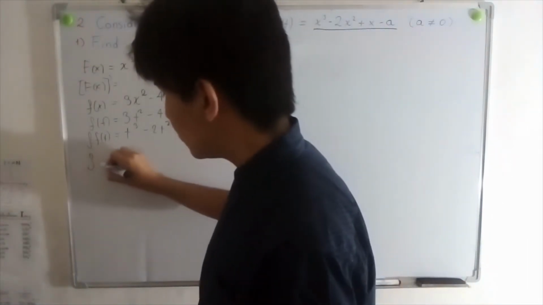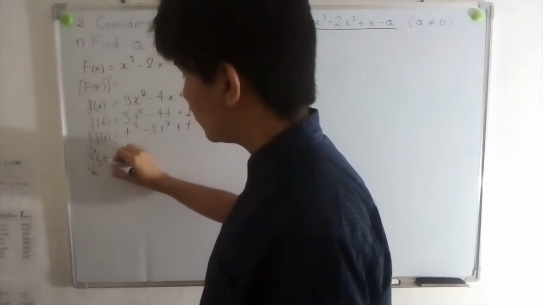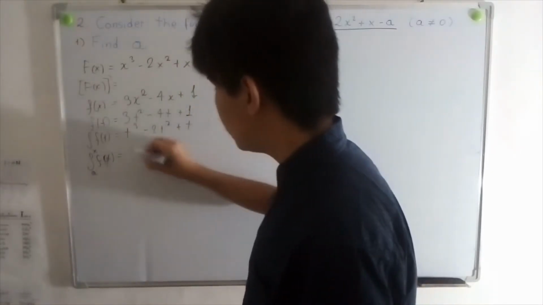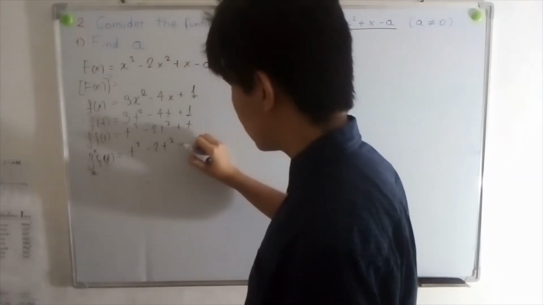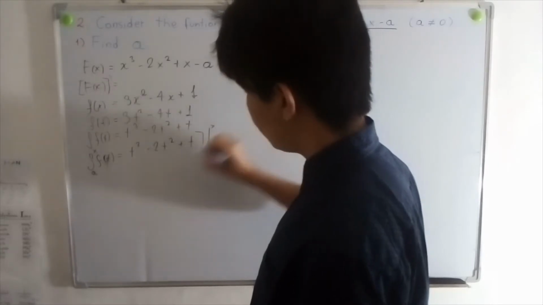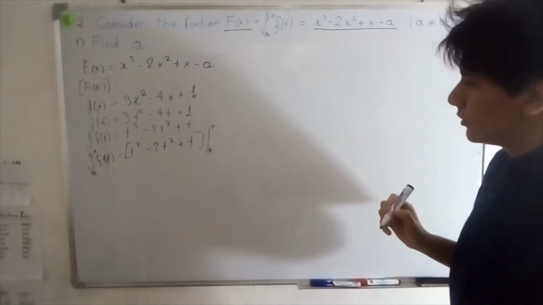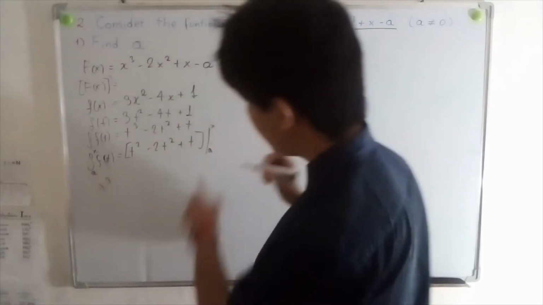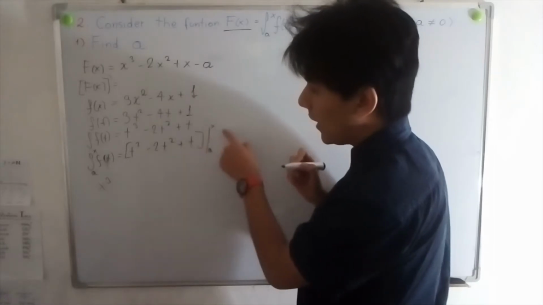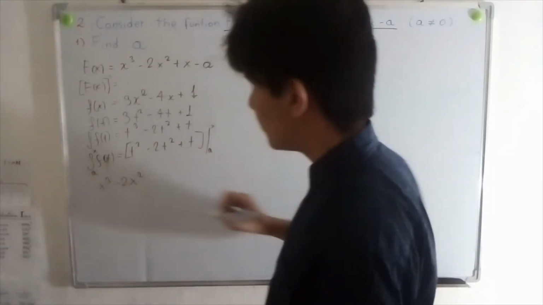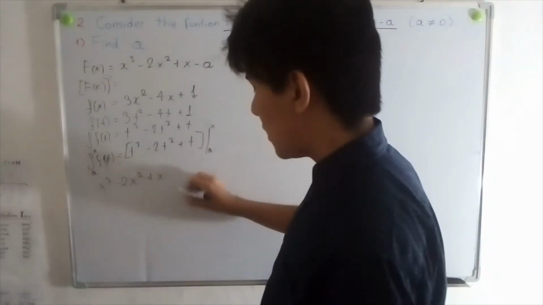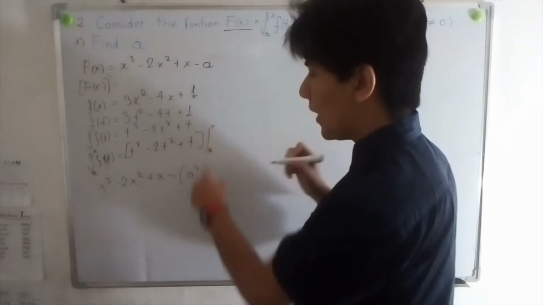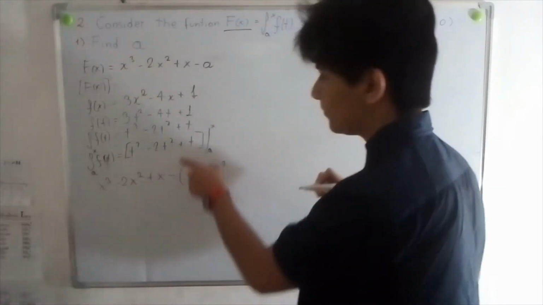It is x cubed minus 2x squared plus x minus a cubed minus 2a squared plus a.